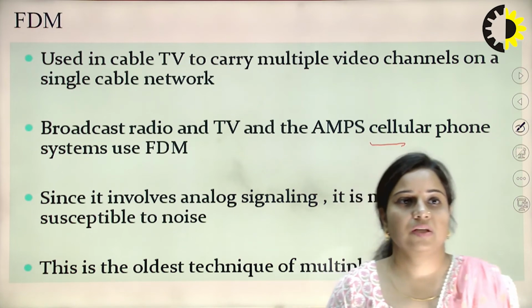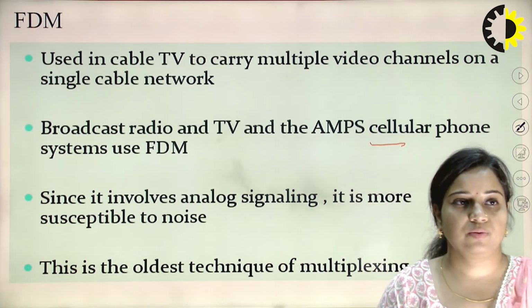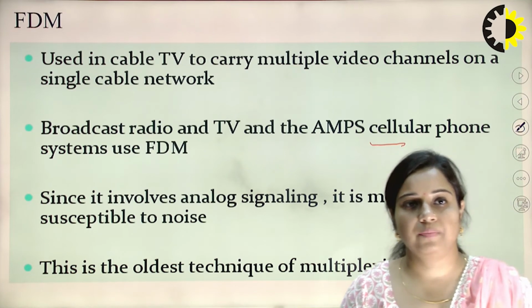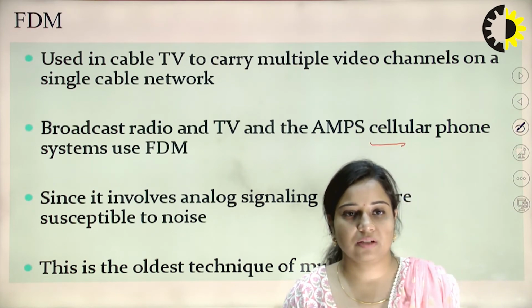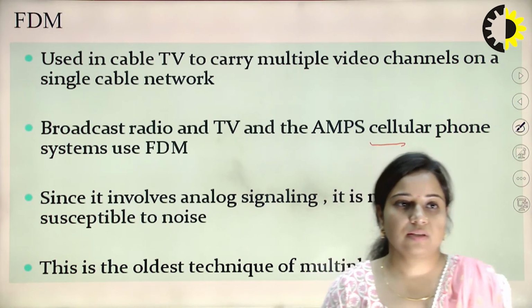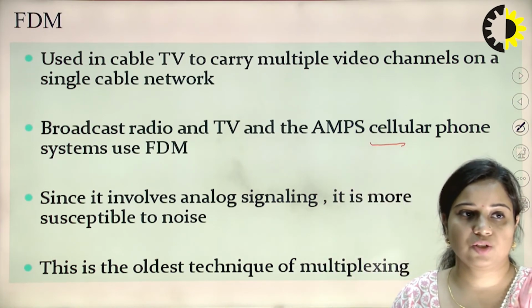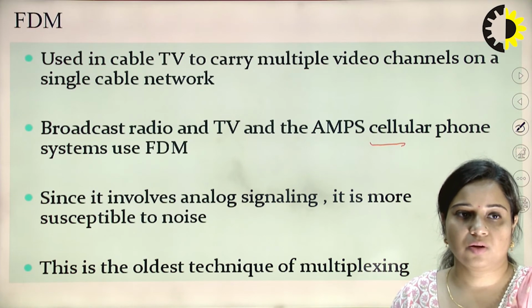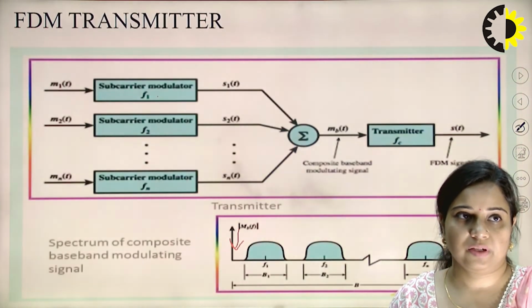So FDM is specific to first generation networking only, where we are only transmitting voice signals, we are not using it for data signals. Since it involves analog signaling, it is more susceptible to noise. This is the oldest technique of multiplexing.